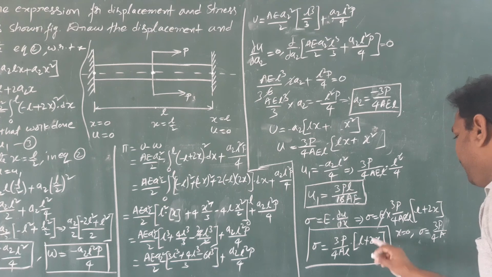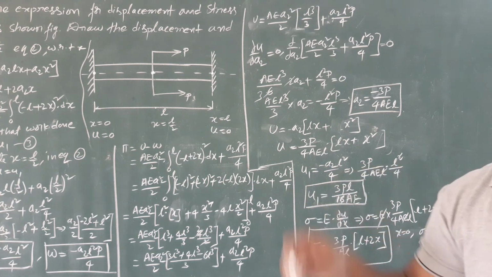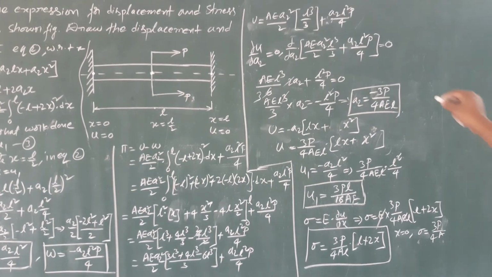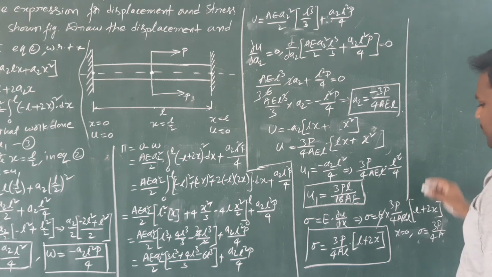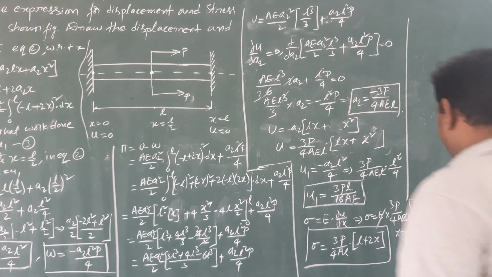If x is equal to L by 2, so I will do it here. Okay, it has space. If x is equal to 0, we got sigma is equal to 3P by 4A.